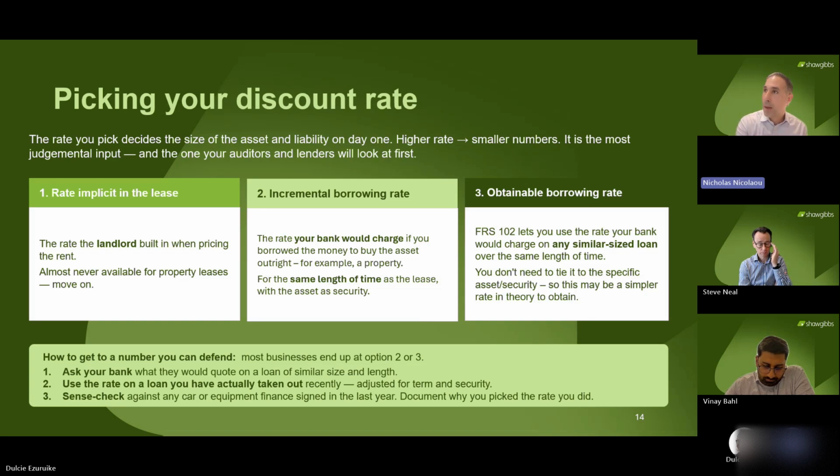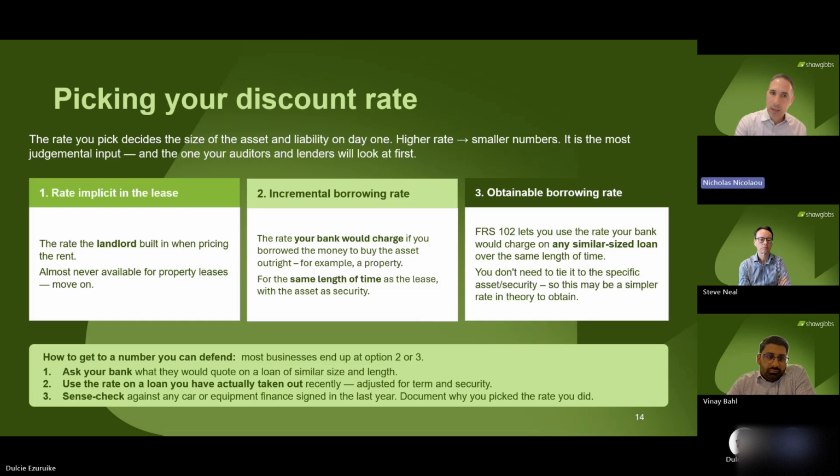So in the example of a property lease, it would essentially be the mortgage rate they'd lend you that money at, because it's a secured borrowing, buying a property, and you'd have to establish the same length of time as the lease that you're intending to sign up to or have signed up to.